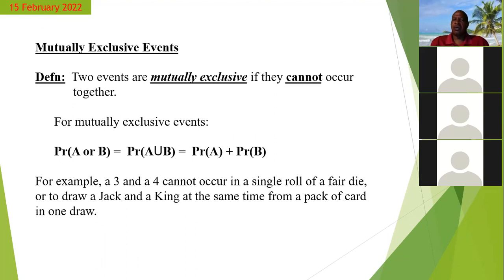We say that two events are mutually exclusive if they cannot occur together. Can somebody think of two events that cannot occur together?